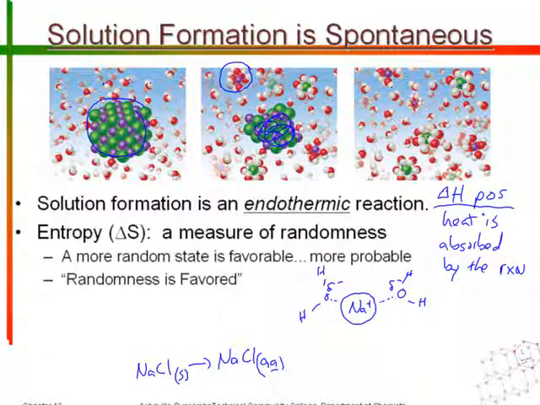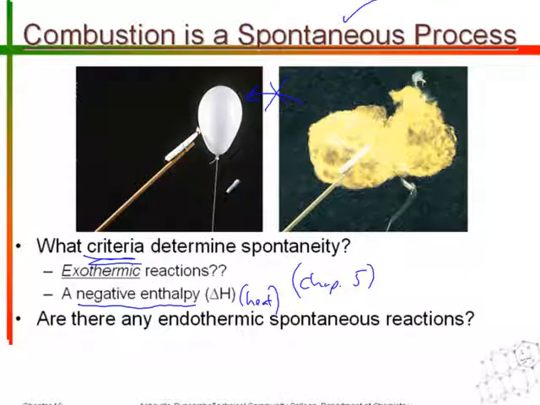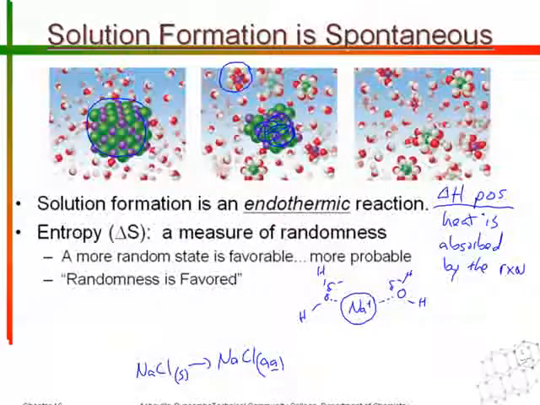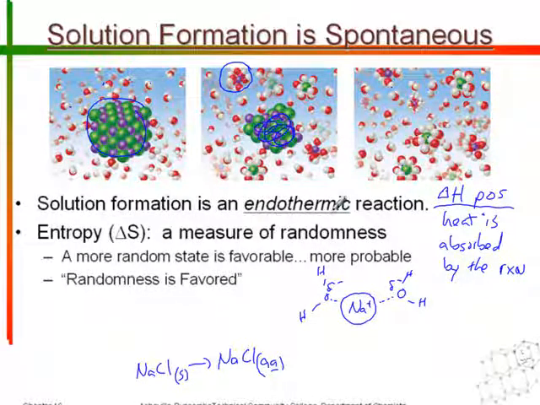So that early simple notion that an exothermic reaction was spontaneous did not factor in all possibilities. And that's one thing that drives scientists crazy. We want a model, a theory that can factor in every single example that we come across in nature.